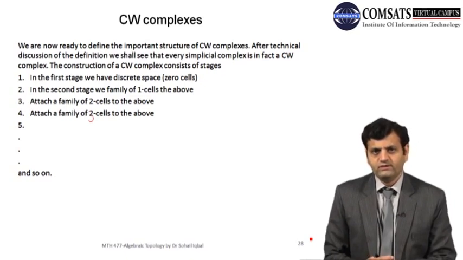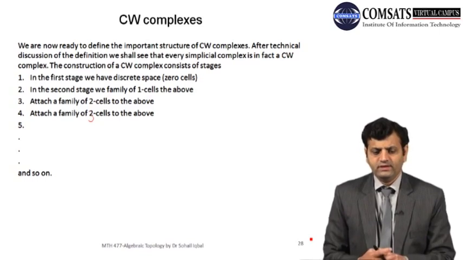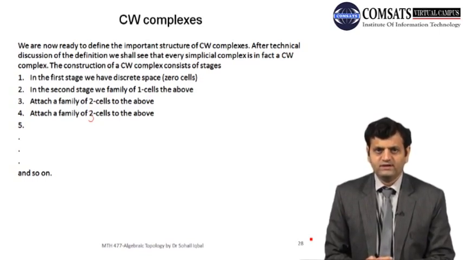In step number 1, we choose some zero cells, or basically just a collection of points. In the next step, we attach 1-cells to these 0-cells. In the next step, we attach 2-cells, then 3-cells, and so on. So that's how we construct a CW complex.